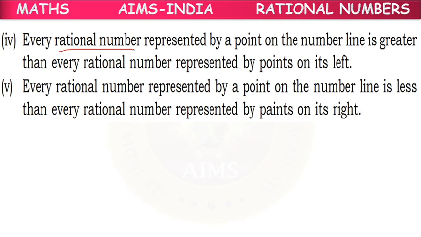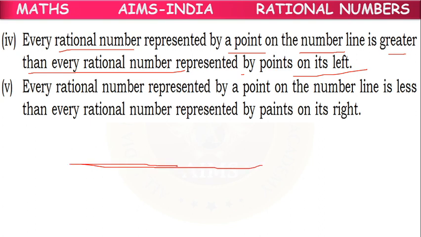Every rational number represented by a point on the number line is greater than every rational number represented by points on its left. Suppose here we have a number line.